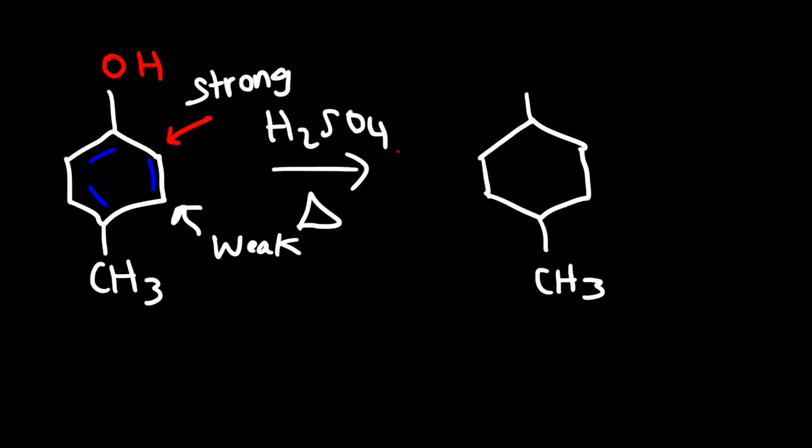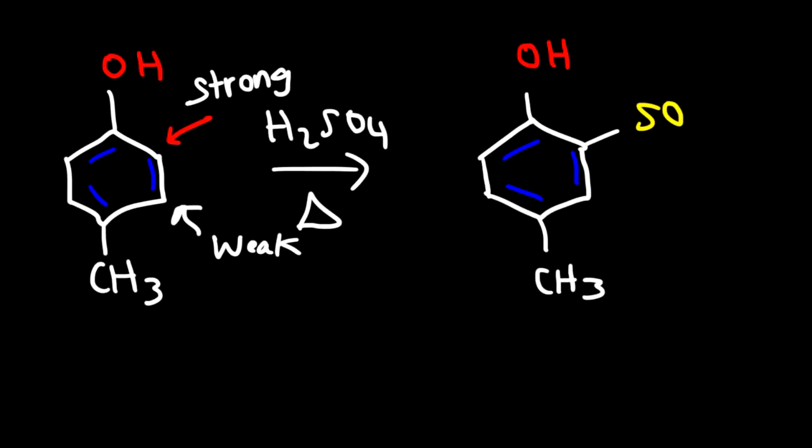So what is the electrophile that we're going to add to the benzene ring? Whenever you react benzene with concentrated sulfuric acid and heat, by the way, that reaction is reversible, but once we use concentrated sulfuric acid, it's going to drive the reaction to the right. It's going to create a sulfonic acid, which you can write as SO3H and just leave it like that.